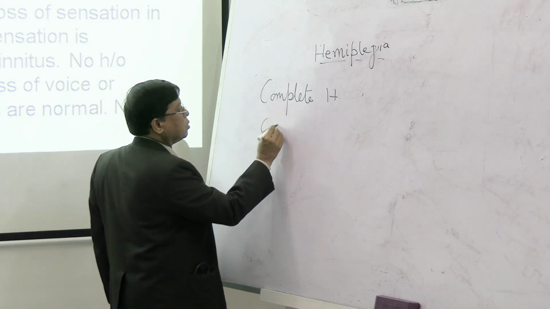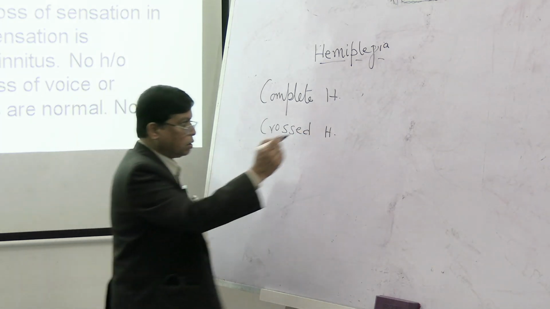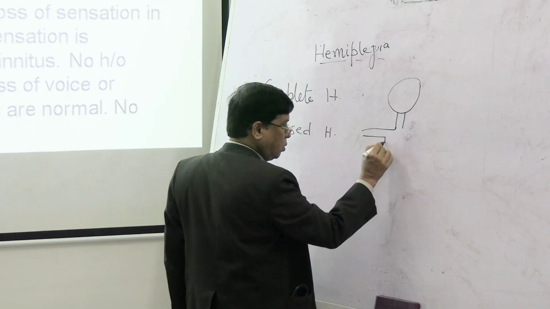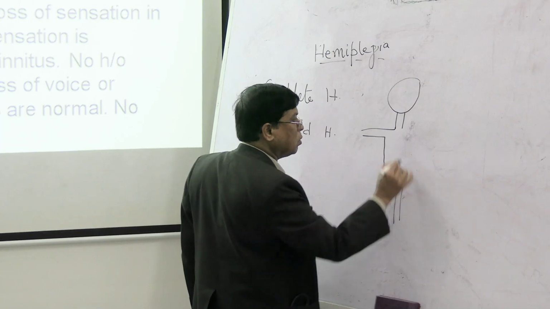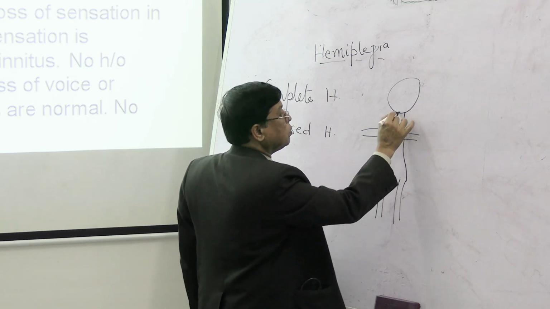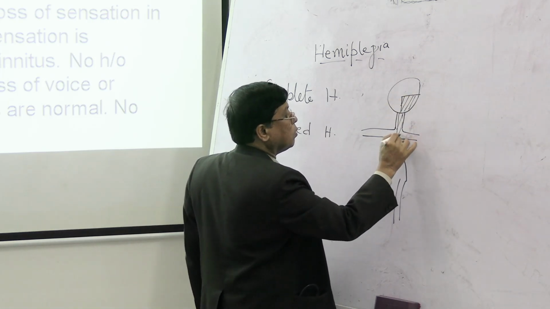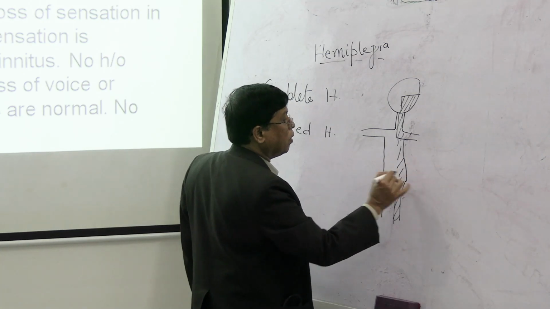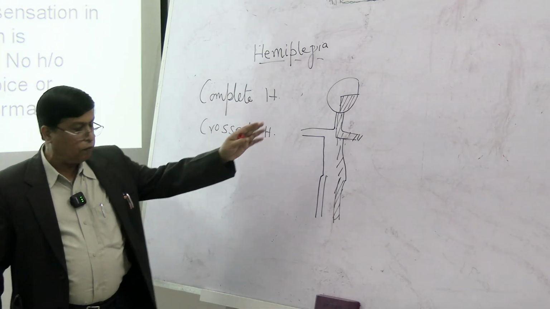Another is called crossed hemiplegia. So this is complete hemiplegia, one half of the body and face of that side.